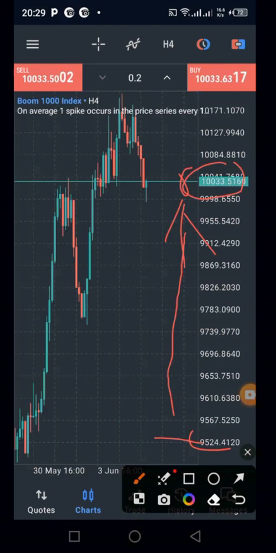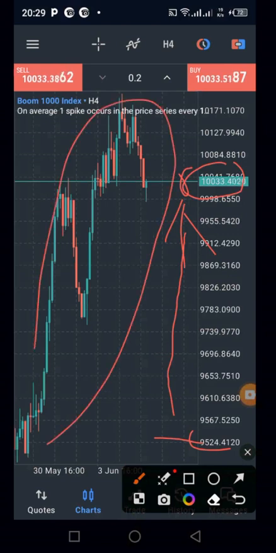Now, what I want you to understand is that the price you are seeing to your left, what is causing this price to move up and down? It is because of these traders here. You will not see them physically.